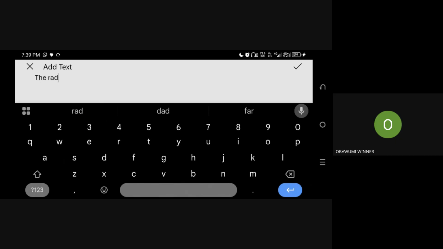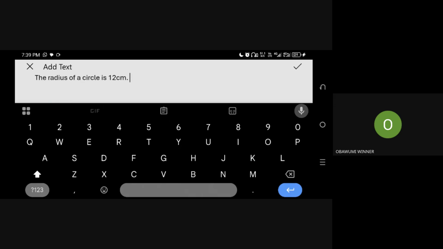I'll just say that the radius of a circle is 12 centimeters here.